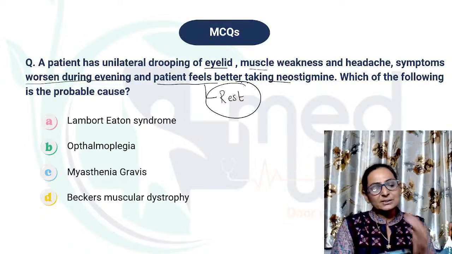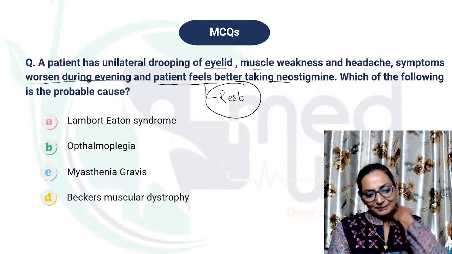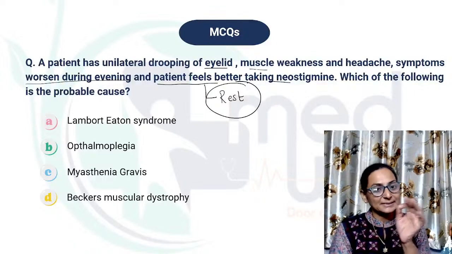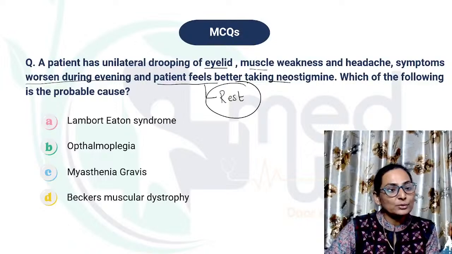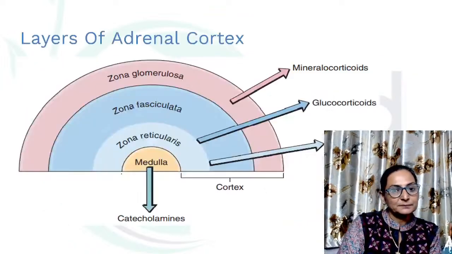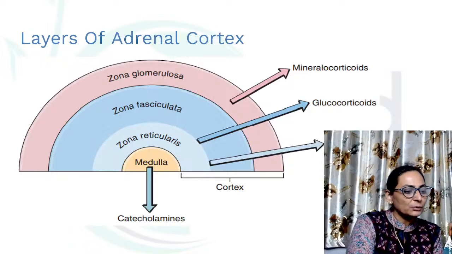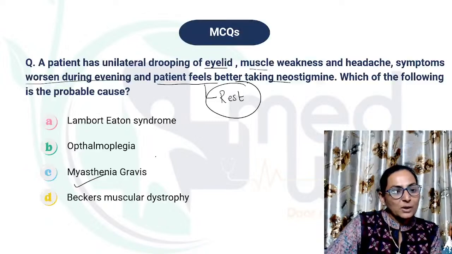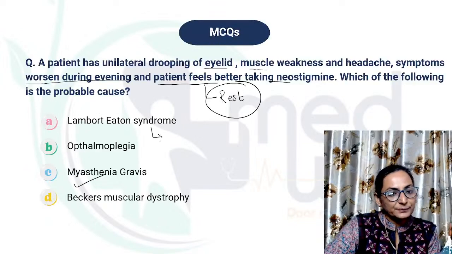If, instead of the tablet neostigmine, it is very clearly given to you that the patient feels better after rest, mind well, it is going to be myasthenia gravis. Okay? Now, what I would like to tell you is, what is Lambert-Eaton syndrome?